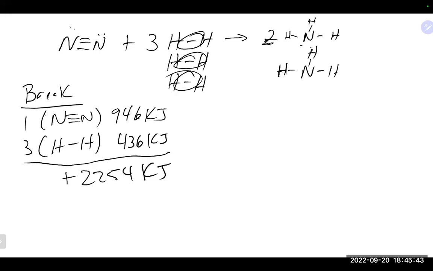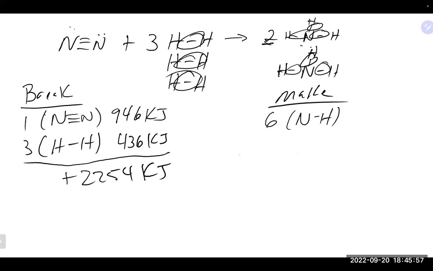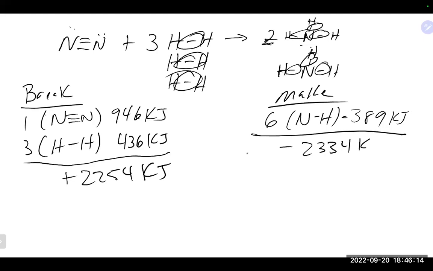On our making side, we're going to make 1, 2, 3, 4, 5, and 6 nitrogen hydrogen bonds. Each is 389, I think, and it really will be negative since it is making. I believe that is it. So 6 times 389 gets us a negative 2334 kilojoules.